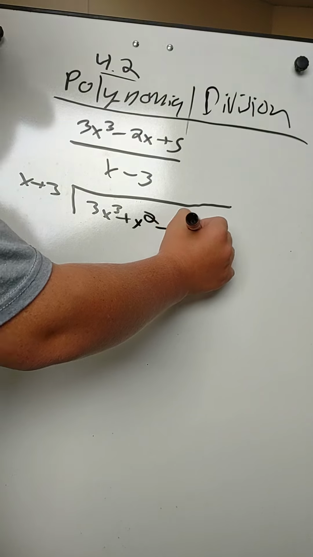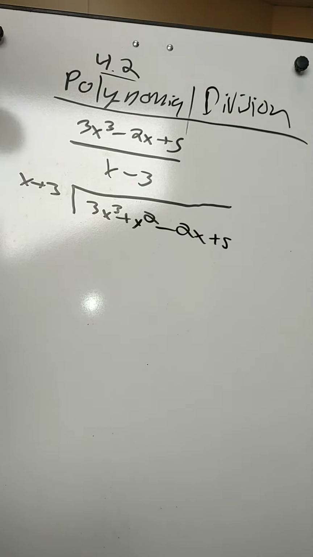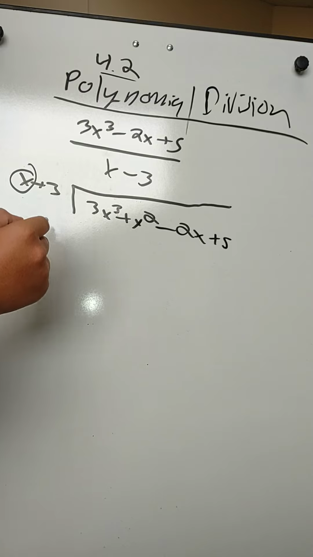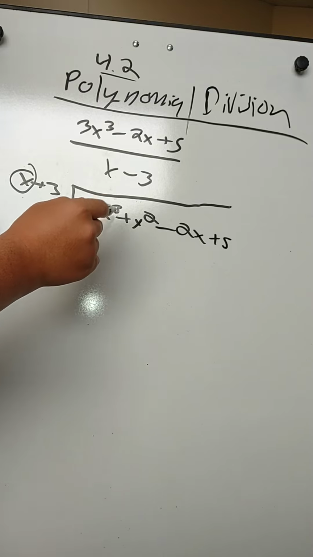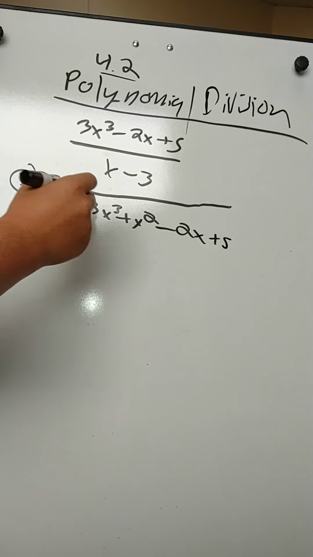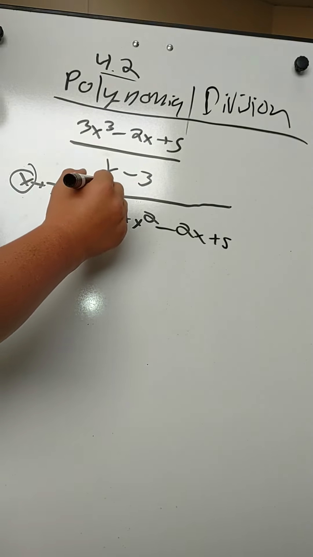And subtract 2x plus 5. Alright, so our first thing we need to figure out is how can we get this x to be 3x cubed. So since we already have x, we need 3x squared. That's what can get this x to turn into 3x cubed.